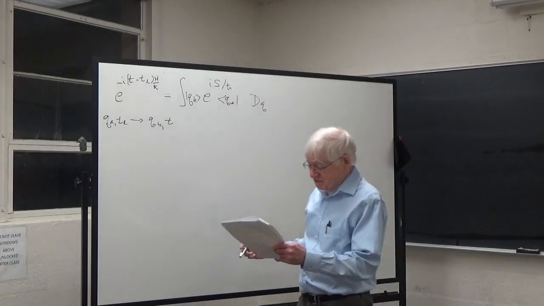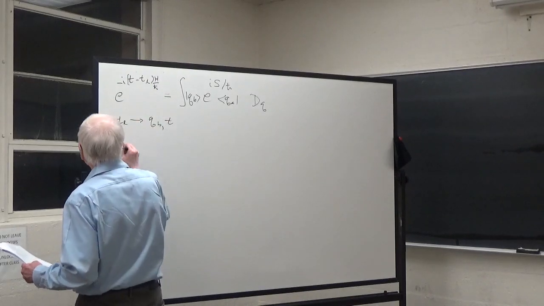So if we then divide those two equations, we get a nice formula for the time-ordered product.